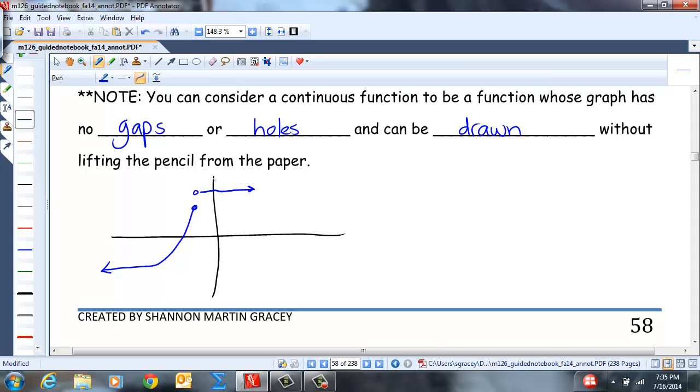so this is a piecewise function. And do you see that I had to lift my pencil there? So that one has a discontinuity at this input value here, right? There's a discontinuity. So this function is not continuous.